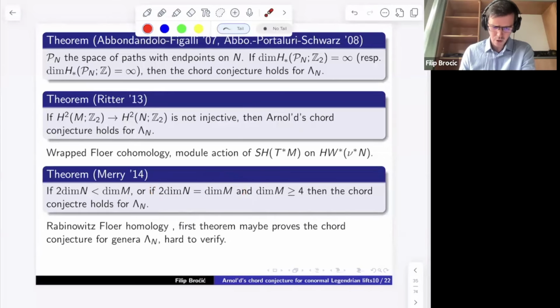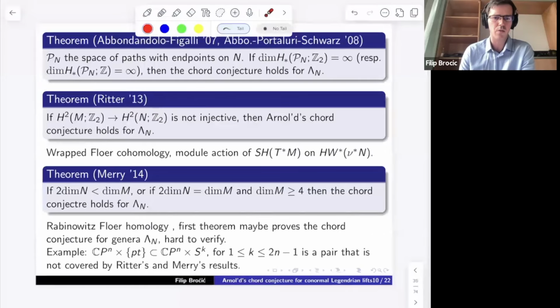And so the first theorem might actually give the proof of the general chord conjecture for conormal lifts, although these topological requirements are extremely difficult to check. So it's not known whether the space of paths with endpoints on the submanifold always has infinite dimensional homology with either Z2 or integer coefficients.